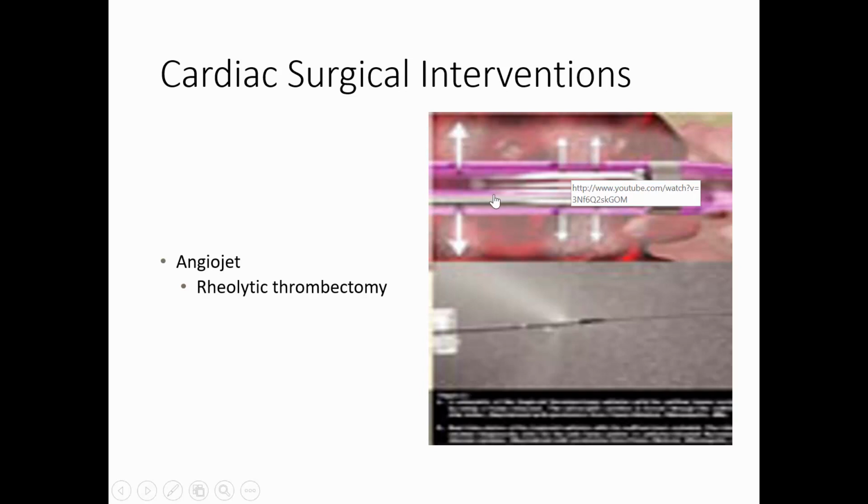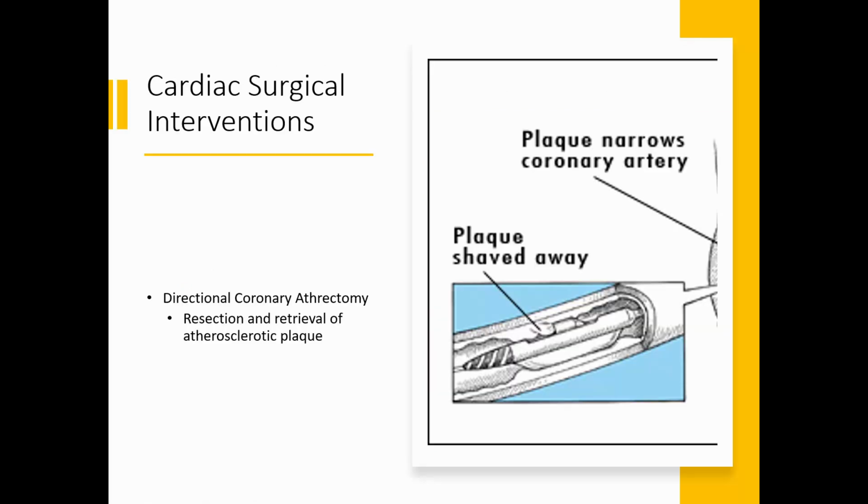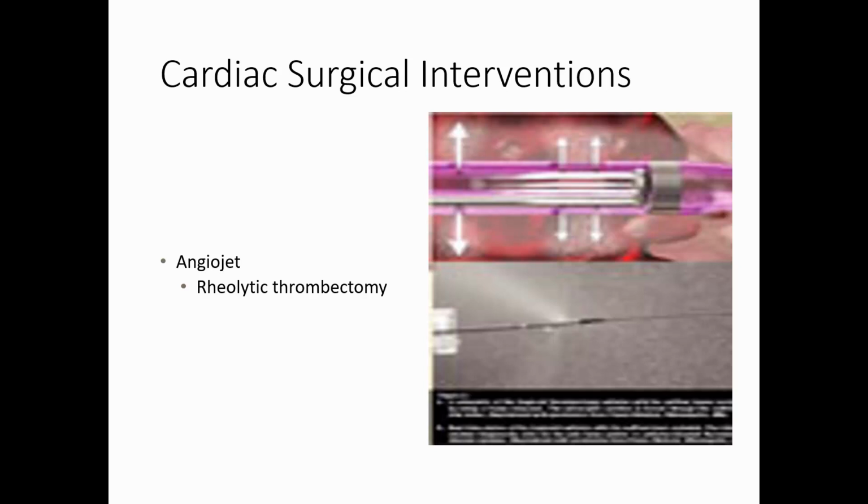The saline jets create a very powerful vacuum within the vessel, so it breaks up the clot and removes the clot pieces out through the catheter and into the pump. You have a little catch chamber back here, which I couldn't put in the picture, where all the broken up thrombus will go. For this directional atherectomy and also for the AngioJet, your post-op procedures are exactly the same as they are for a PTCA.